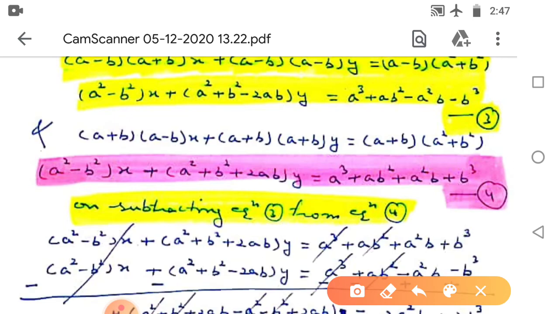The first is (a square minus b square) into x plus (a square plus b square minus 2ab) into y is equal to a cube plus ab square minus a square b minus b cube, right?